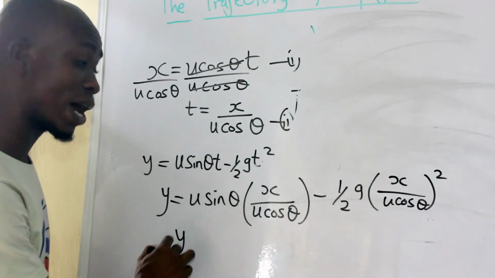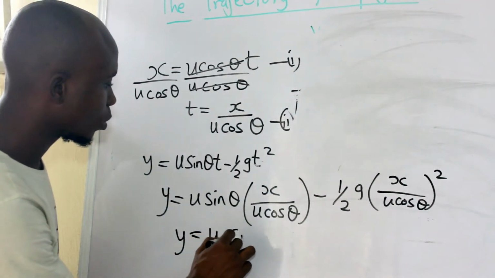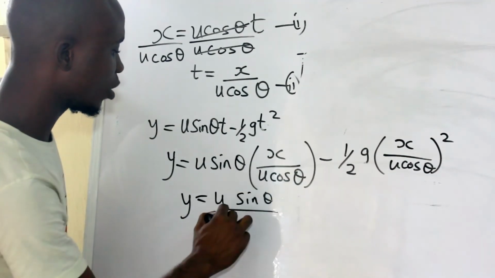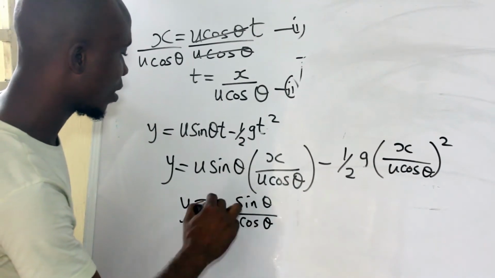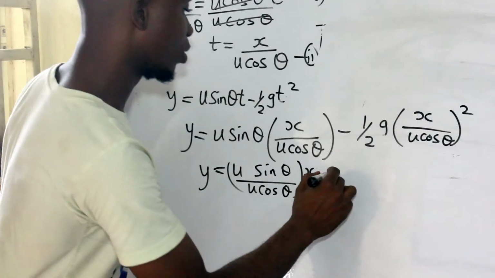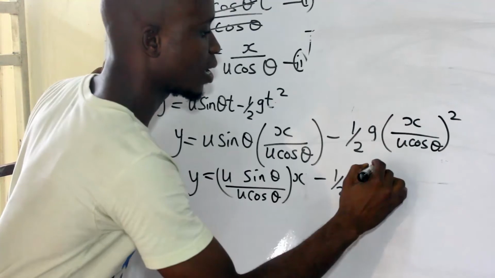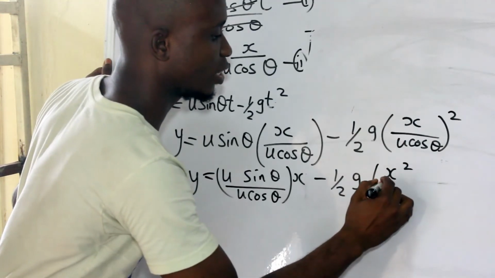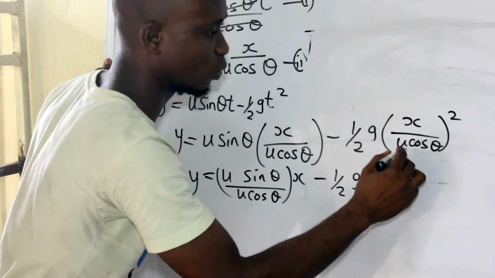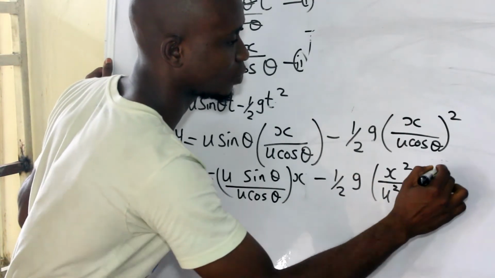And this is going to be y equals u sine theta all over u cos theta, and I can have x outside the bracket, minus half g x squared all over, squaring everything in the bracket, u squared cos squared theta.